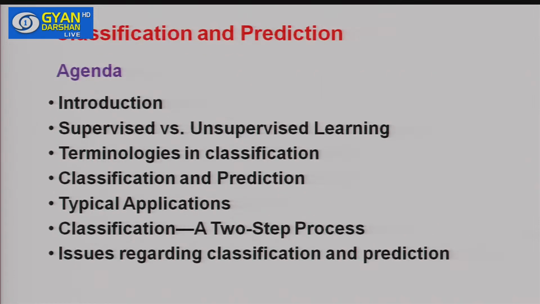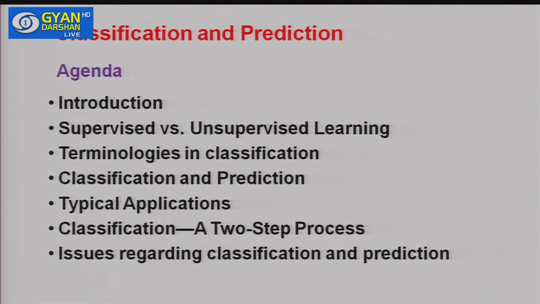In today's session, I'm going to talk about classification and prediction. I will cover the introductory part, followed by the difference between supervised and unsupervised learning, and the different terminologies we are going to use in classification.